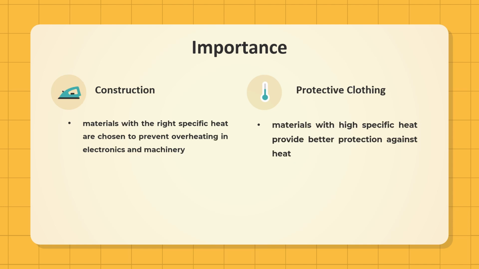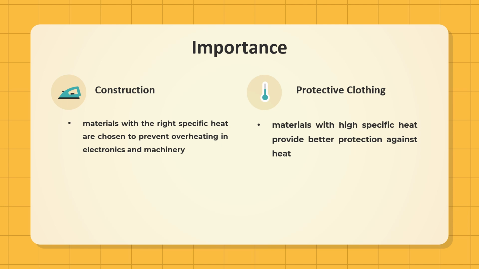In construction, materials with the right specific heat are chosen to prevent overheating in electronics and machinery. In designing protective clothing, materials with high specific heat provide better protection against heat. Whether it's making a perfect meal, designing safer gadgets, or understanding weather patterns, specific heat plays a vital role in ensuring efficiency, safety, and comfort in our daily lives.